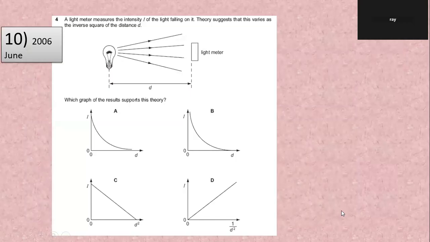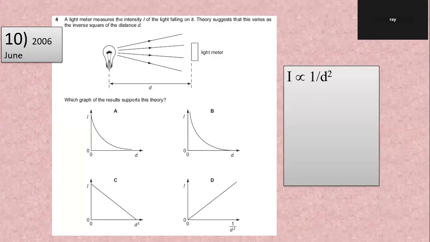Now about this one. C. A. Right? They are given to you.